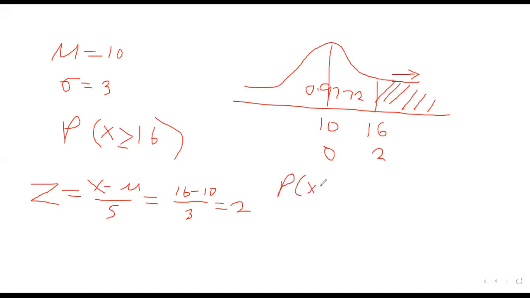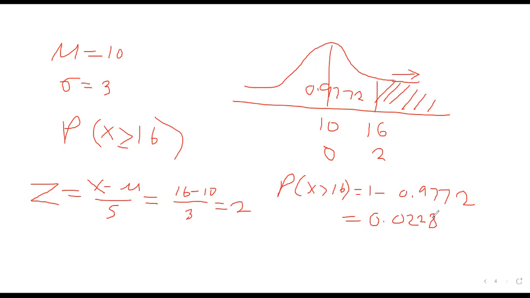X greater than 16 will be equivalent to 1 minus 0.9772, which is 0.0228. That is the reading.